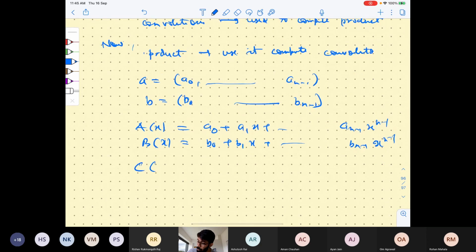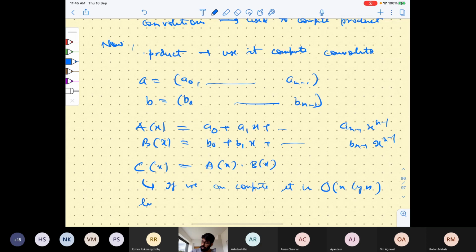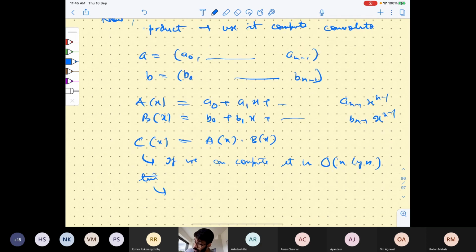And now if we can compute the polynomial C(x) in order n log n time, then we know that the coefficients of C(x) are exactly the terms in the convolution.